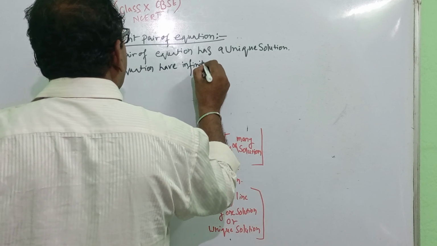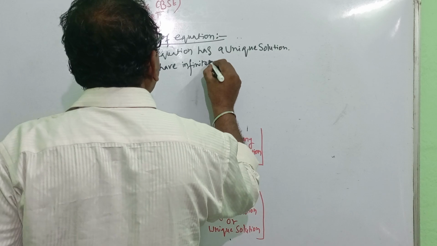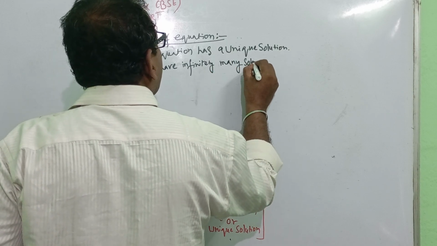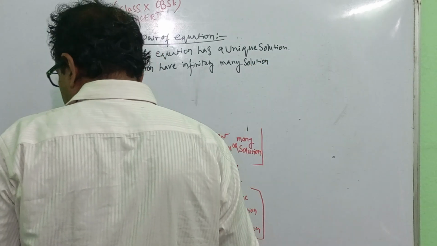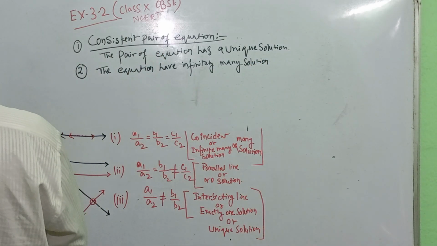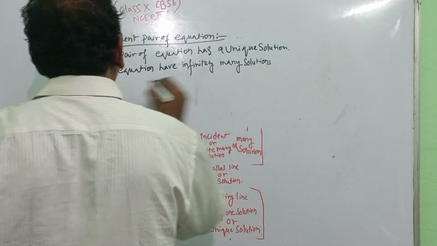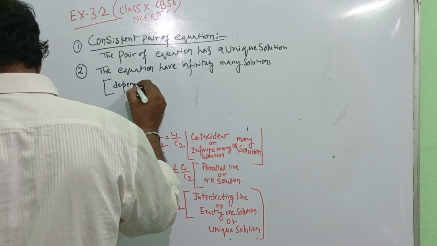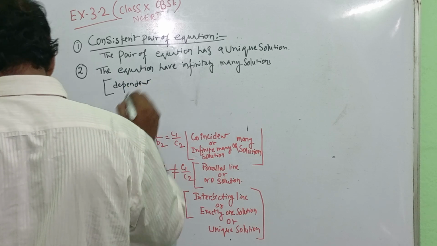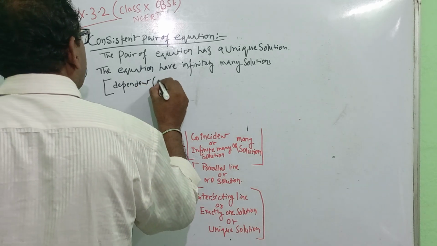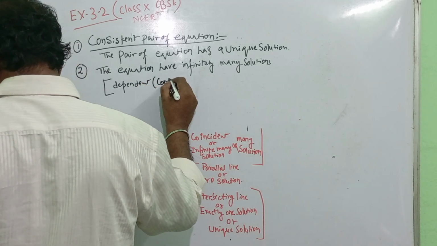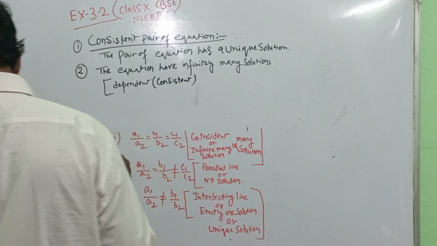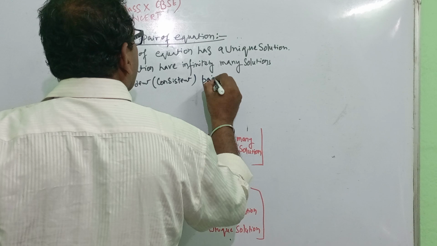A pair of equations with infinitely many solutions is called dependent, but it is a consistent pair.